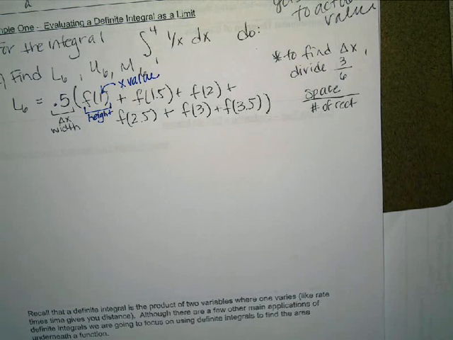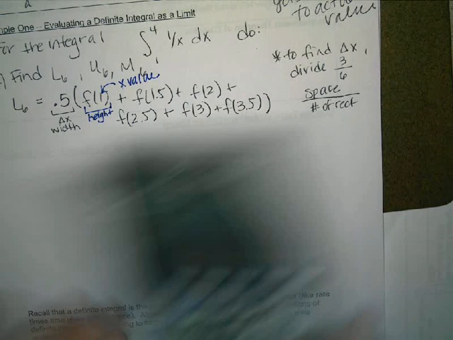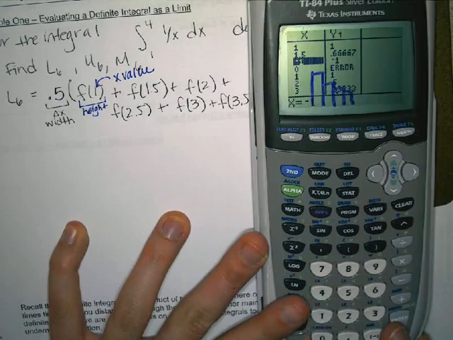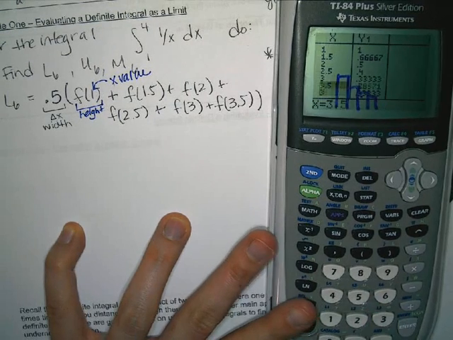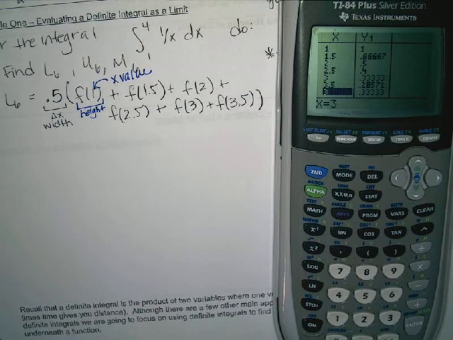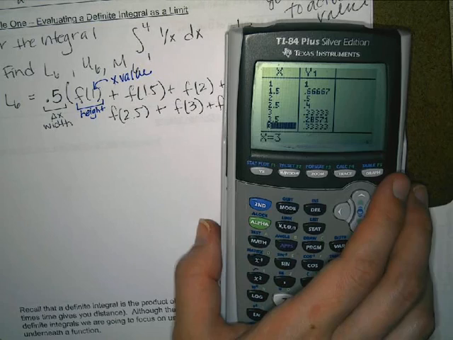So since I already put my function into the calculator, I'm going to go to my table and actually put in those values. So 1, 1.5, 2, 2.5, 3, 3.5. And those are the decimals that I would need to put in there. Okay?